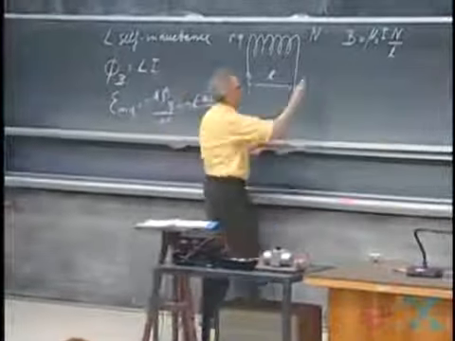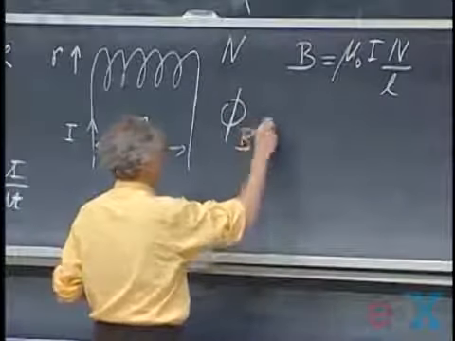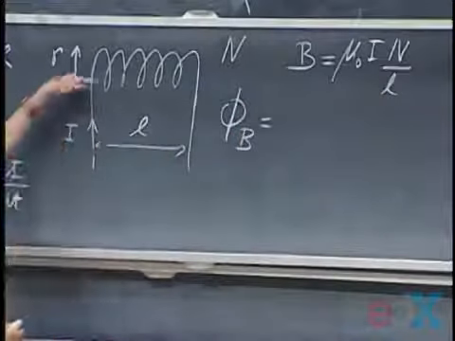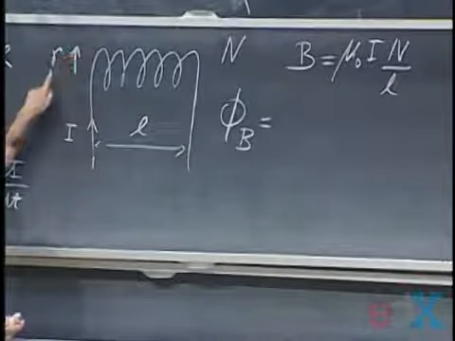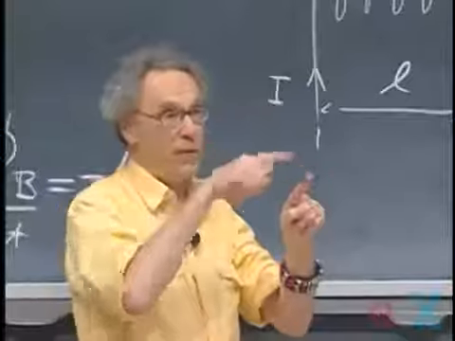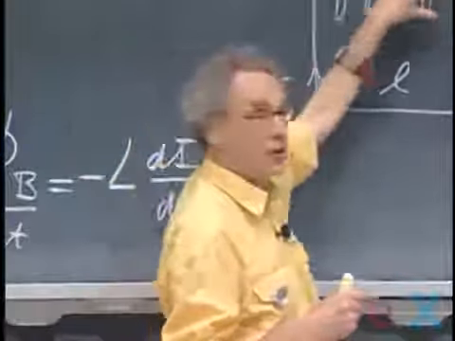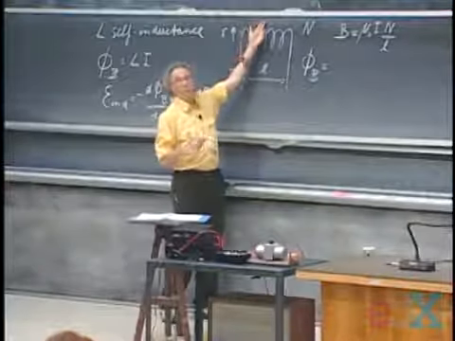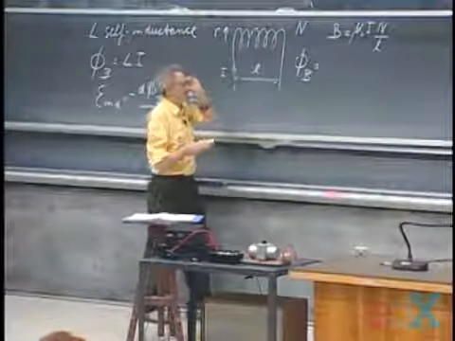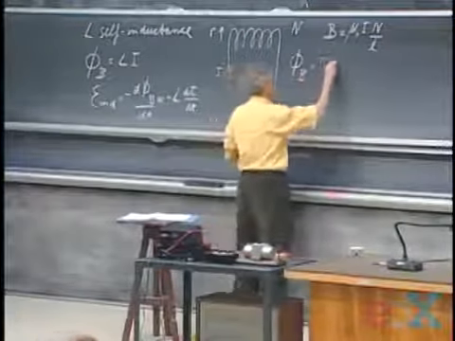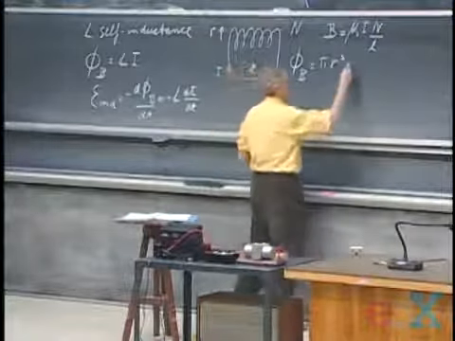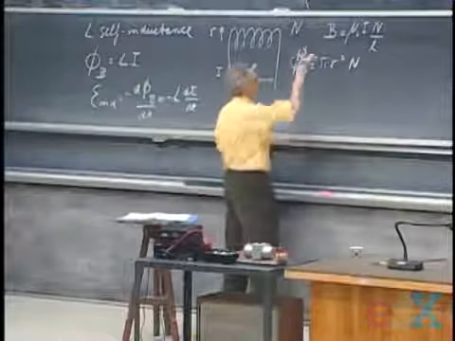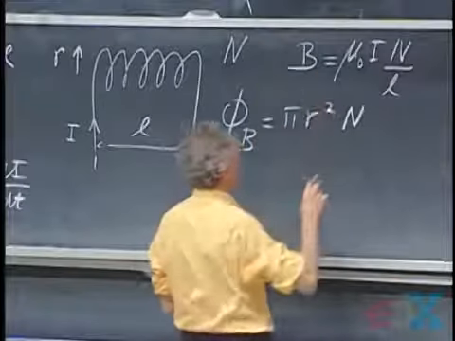And so the magnetic flux, phi of B, is simply the area pi little r squared, which is the surface area of one loop, because I assume that the magnetic field is constant inside the solenoid, and I assume that it is zero outside, which is a very good approximation. So we get pi little r squared, surface area of one loop, but we have N loops, and then we have to multiply it by that constant magnetic field.